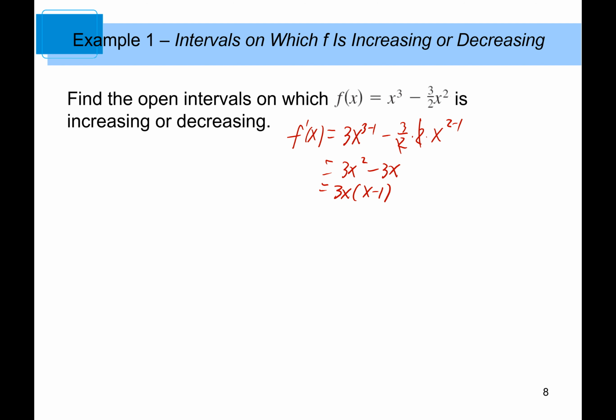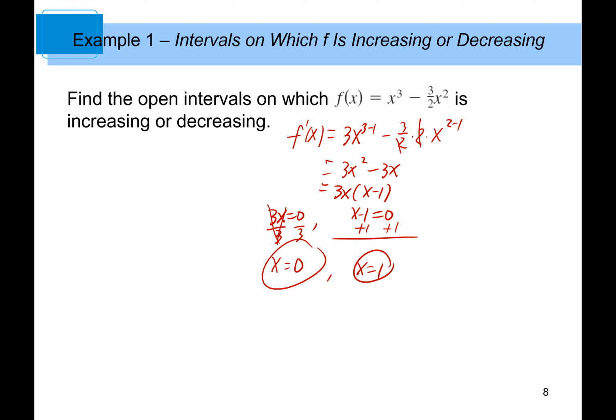Then use the zero factor property, setting 3x equals 0, setting x minus 1 equals 0. Then solve for x. Divide both sides of the equation by 3, add 1 to both sides of the equation. Cancel 3, we end up with x equals 0, and here x equals 1.